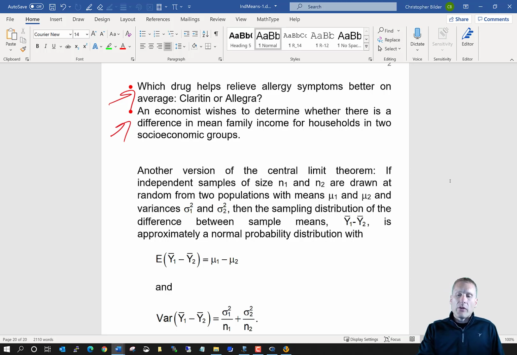Okay, so you hopefully will remember that we talked about a central limit theorem with respect to one sample mean. Well, there are many different versions of this central limit theorem for other statistics of interest. So for example, with respect to two sample means, let's say we have samples of size n1 that comes from population number 1, sample of size n2 that comes from population number 2.